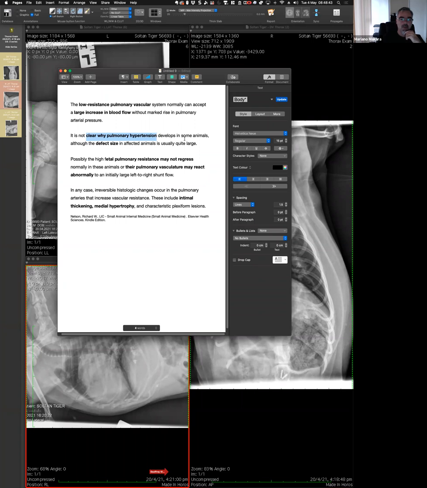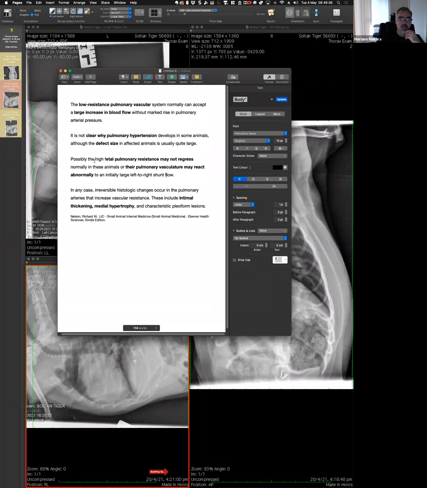Apparently, there is a relationship between dogs developing hypertension and the size of the defect, meaning the larger the defect, the more likely they are to develop hypertension. It seems the larger the defect, the more shunting, and then it kind of goes over the edge.